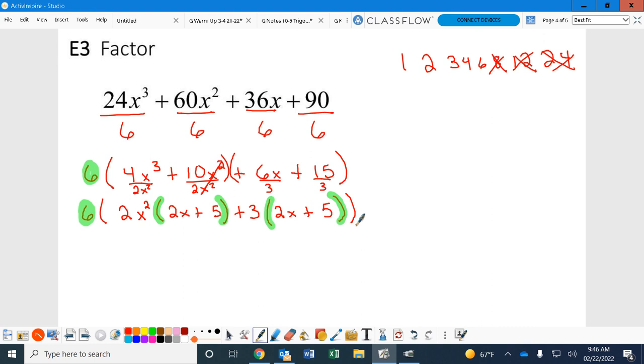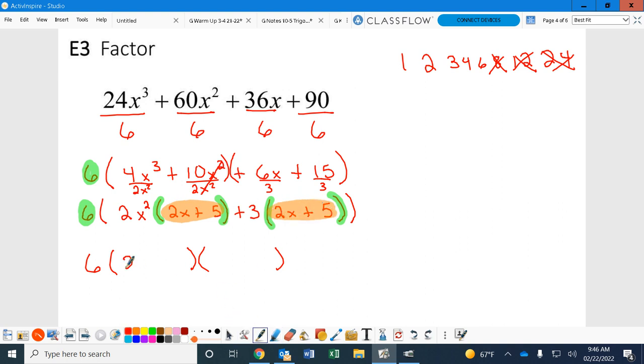It matters. It does make a difference in what the value of the problem is, how it's worked out. So you've got to have that at the end. So guys, what's going to still stay out in front? 6. And then my 2 parentheses are going to be the one that's in common. Well, what do they have in common, guys? 2x plus 5.